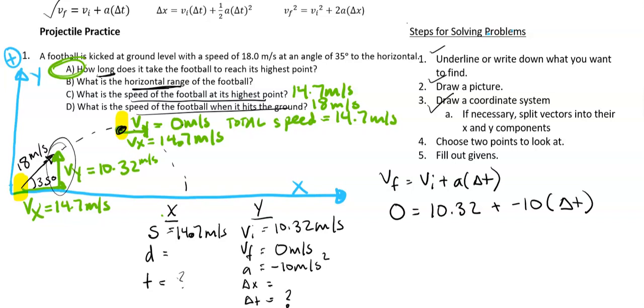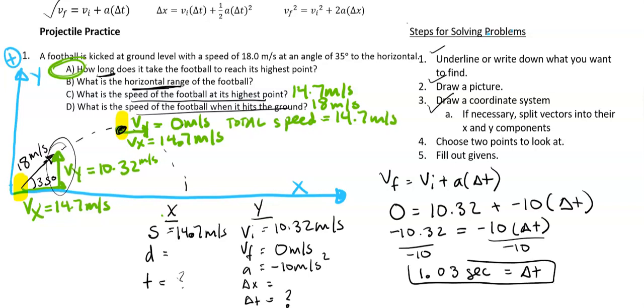We do some fun little math. Take away 10.32 from both sides. -10 times delta t. Divide by -10. I love math. And then I get 1.03 seconds is our change in time. So that is going to be our time for it to reach the highest point. So I'm going to go ahead and put that in.